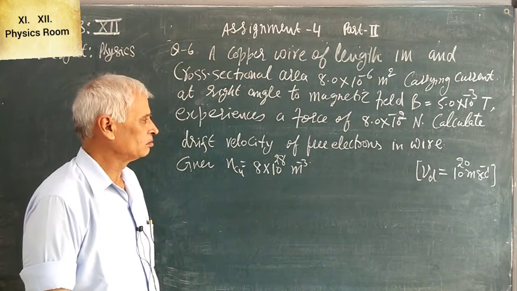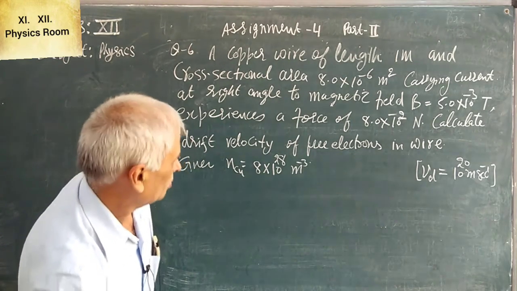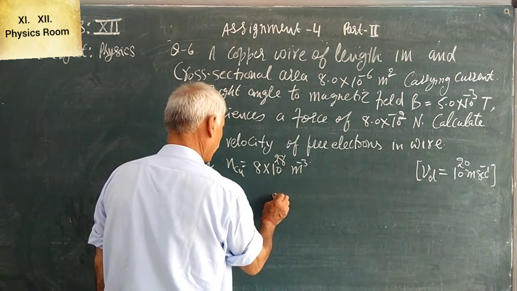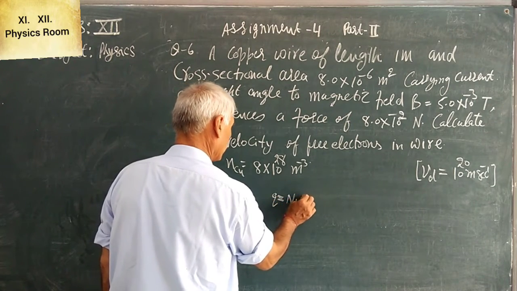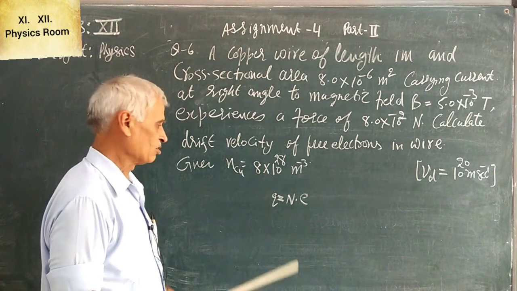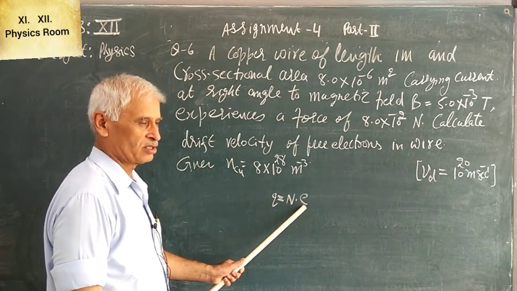How will you solve? I give you hint. Since you know Q is equal to N into e, total charge is equal to number of electrons into charge on an electron.